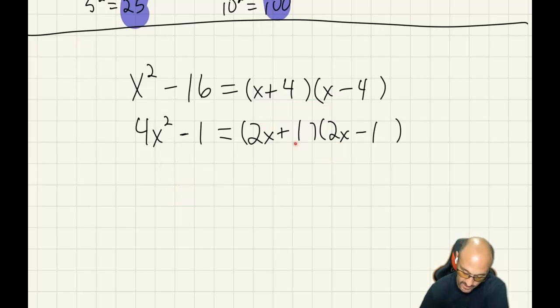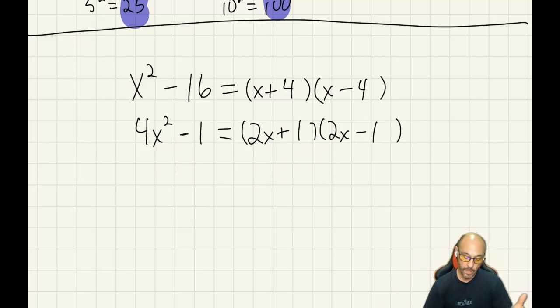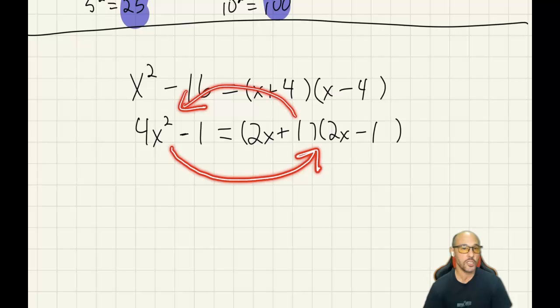And then lasts, positive 1 times negative 1 is negative 1. So if we FOILed this, we would get right back to where we started. And that's because factoring and FOILing just undo each other. They're the opposite things.